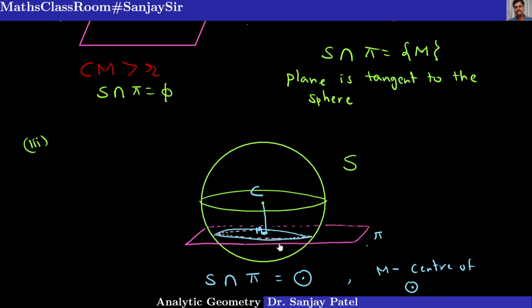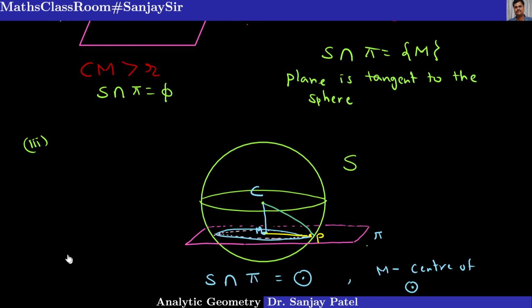And what is the radius of this circle of intersection? You can immediately see that this distance is the radius of the circle of intersection. Suppose this point is P, and if you complete the triangle CMP, then you know that it is a right angle triangle.